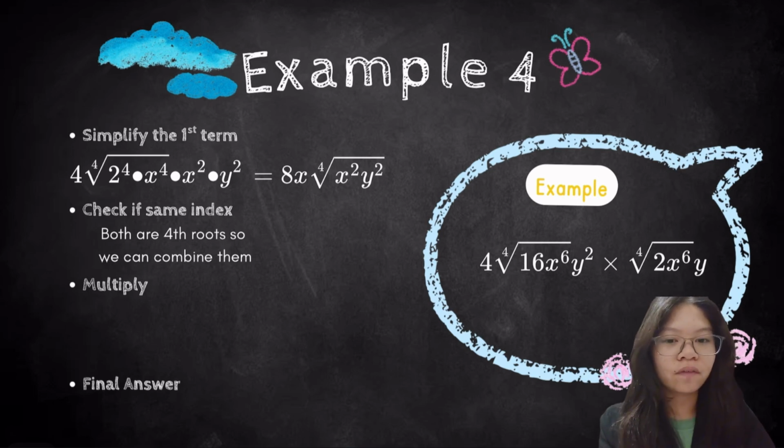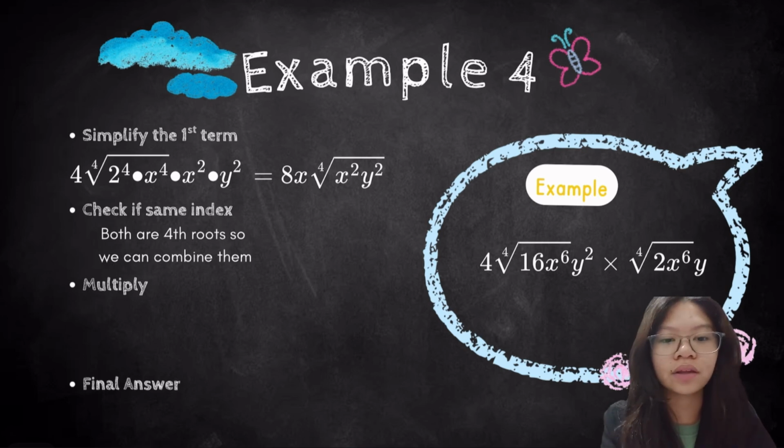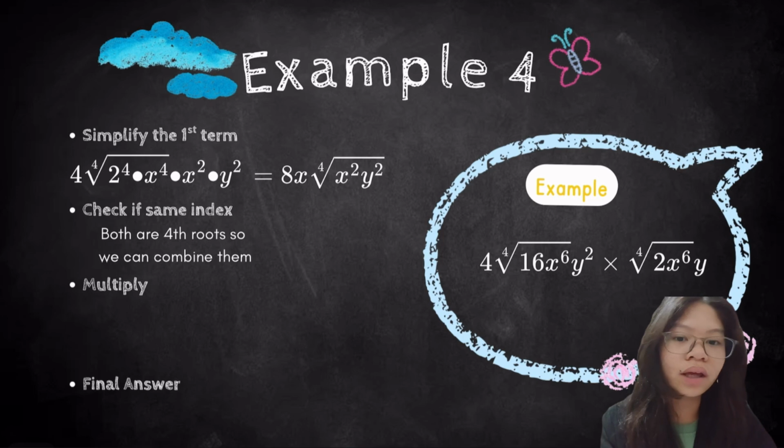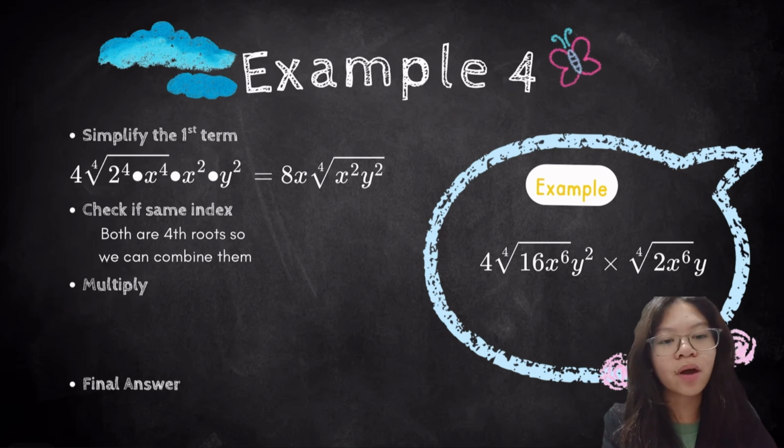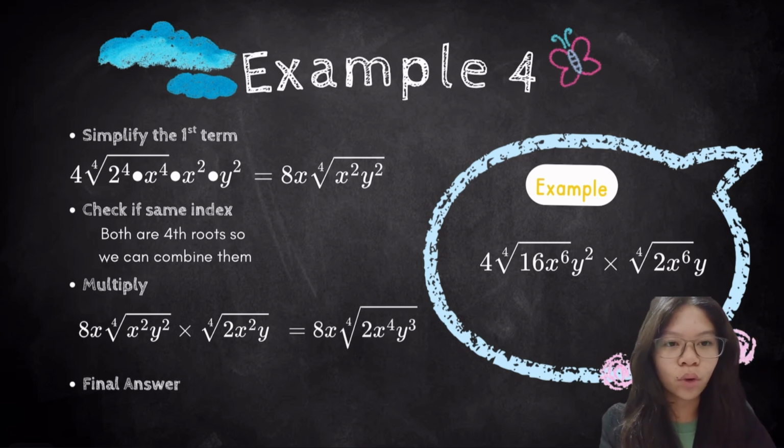Now, after simplifying our terms, we can now multiply them, which will be easier since the values have lessened. So what we have now is 8x fourth root of x squared y squared multiplied by the fourth root of 2x squared y. To multiply that, we multiply the ones inside the radical sign.